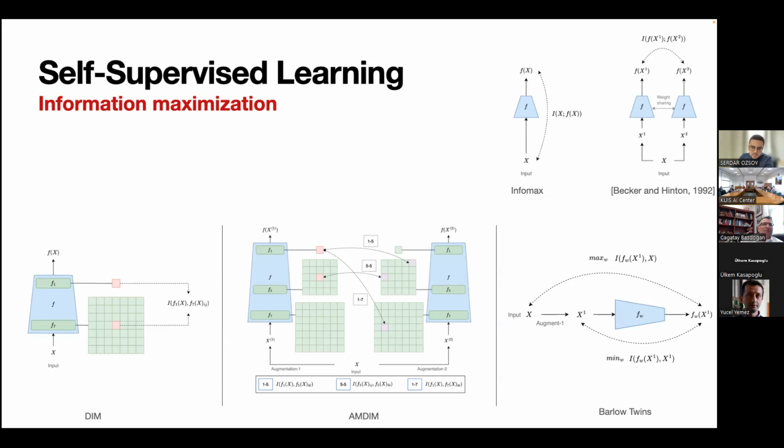It tries to maximize mutual information between input and output representation while reducing the mutual information between output representation and augmented input representation. So we also differ from Barlow Twins in that respect.